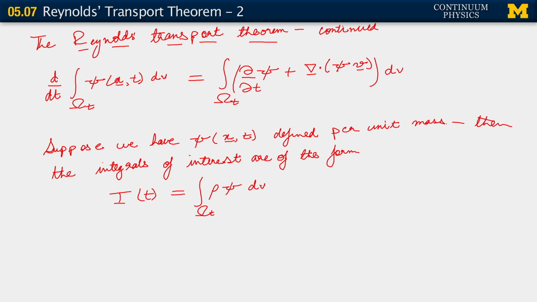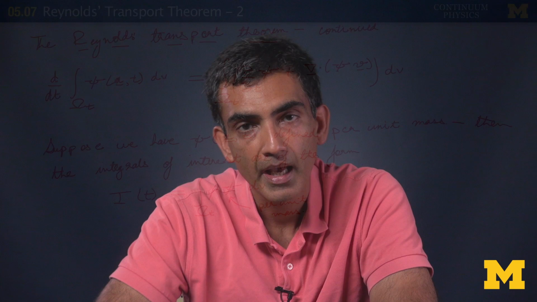The reason this works is that we are thinking of psi as being defined per unit mass. In multiplying it by the current mass density, we convert that integrand so that once again we have an integrand defined per unit current volume. And then that integral makes sense.